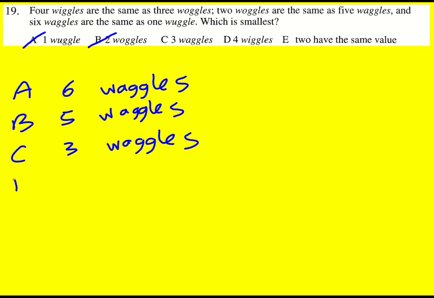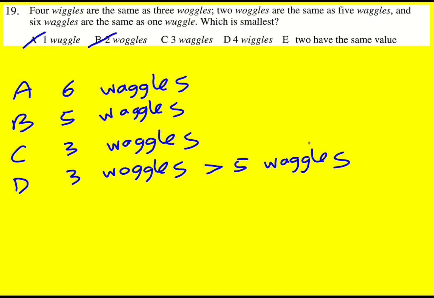Now D is 4 wiggles and we're told that that is equal to 3 woggles, but we've already shown that 2 woggles was 5 waggles. So we can see that this is going to be bigger than 5 waggles, and therefore the answer must be C as the smallest one.